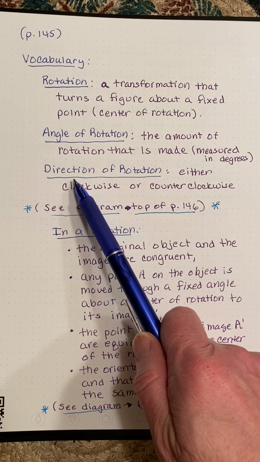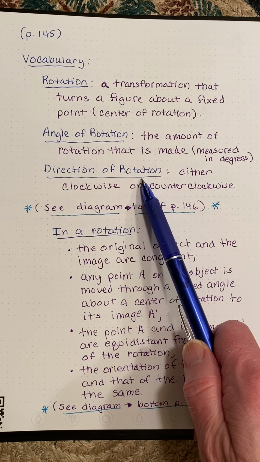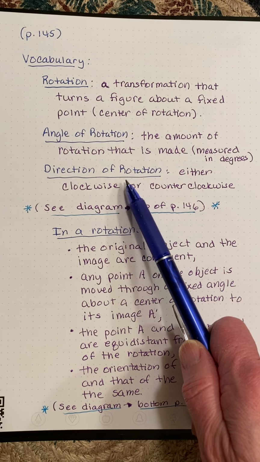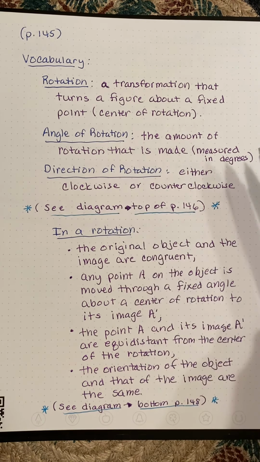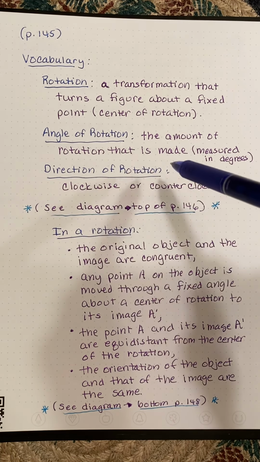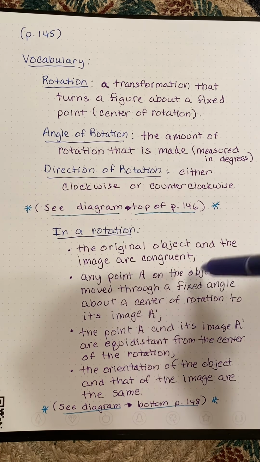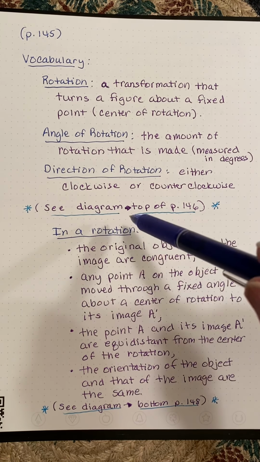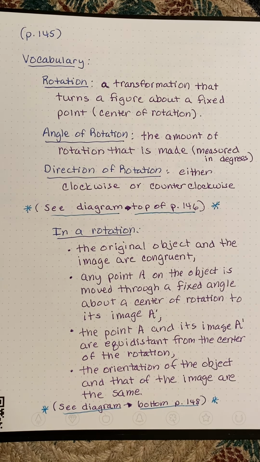You need to understand the direction of the rotation. Like if I'm going to rotate A, which direction am I going to go? I'm either going to go clockwise, like the hands go around a clock, or counterclockwise, if the hands would go backwards. Now it says, please look at the diagram at the top of 146.